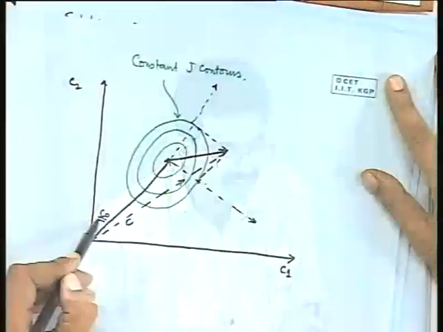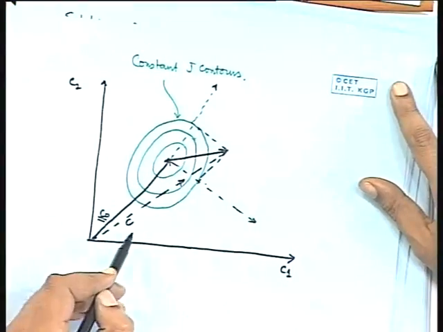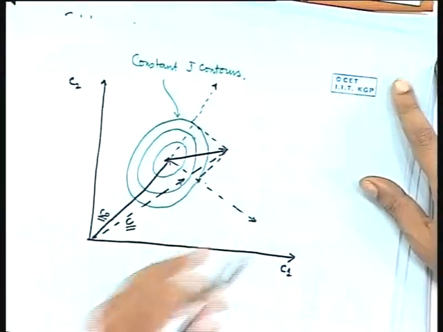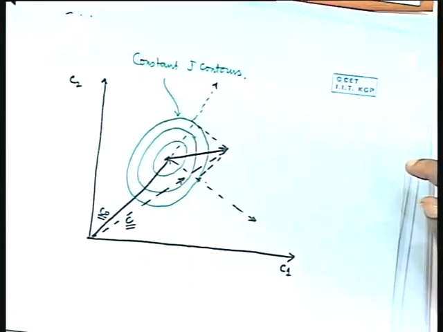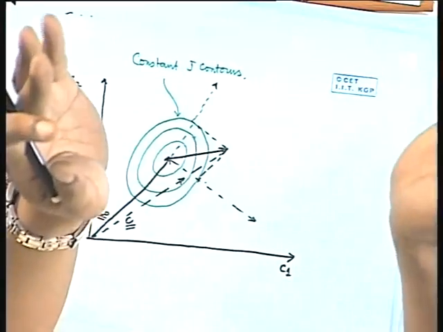Suppose this is C0 and this is my vector C. Suppose I am using only two vectors to estimate, so my weight space is 2 dimensional. So I have a C1 C2 weight space in which my optimal weight is C0.